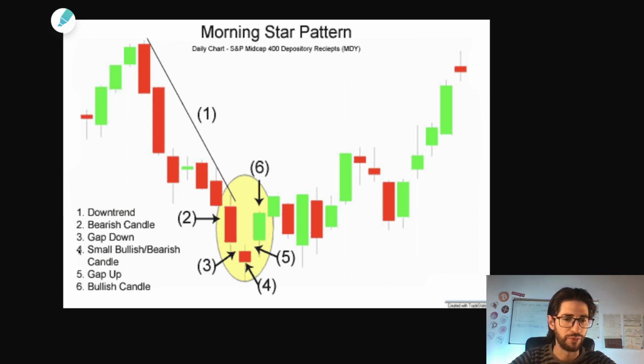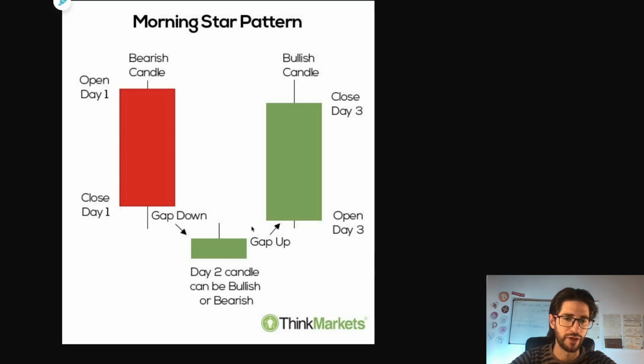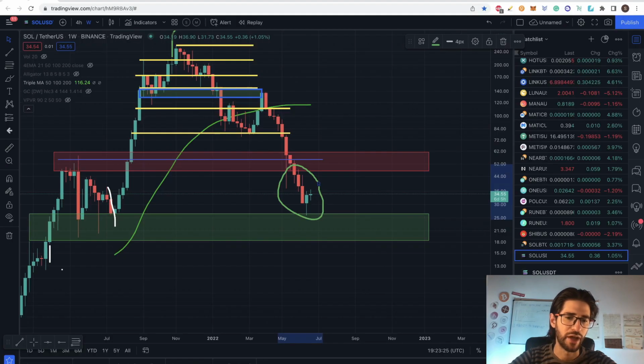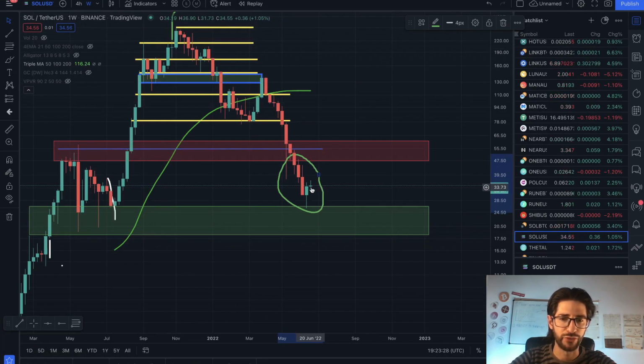Then this candle could be a small bullish or bearish candle, but should be small, but I think it's still valid. Then you have the gap here and then a bullish candle. So in our case it's similar to this pattern, but I would say that it's more similar to this one without the gaps. But anyway, the important thing here is to see the next week. If we close this week in red, then this pattern is obsolete.